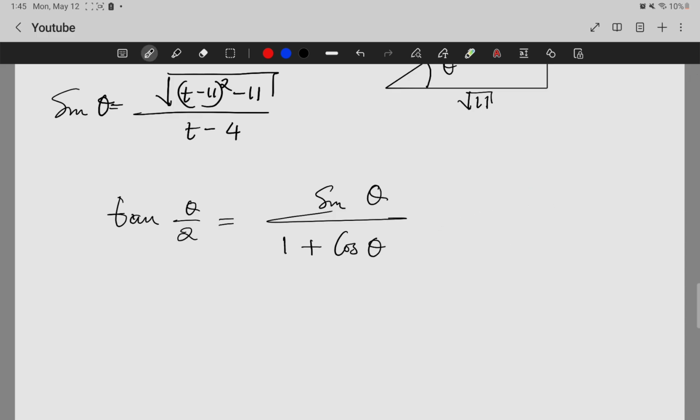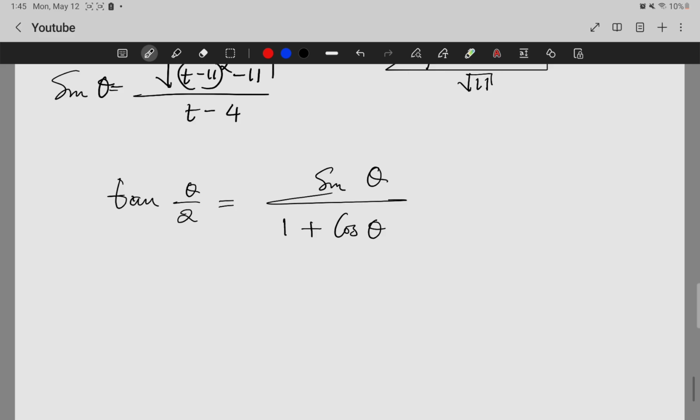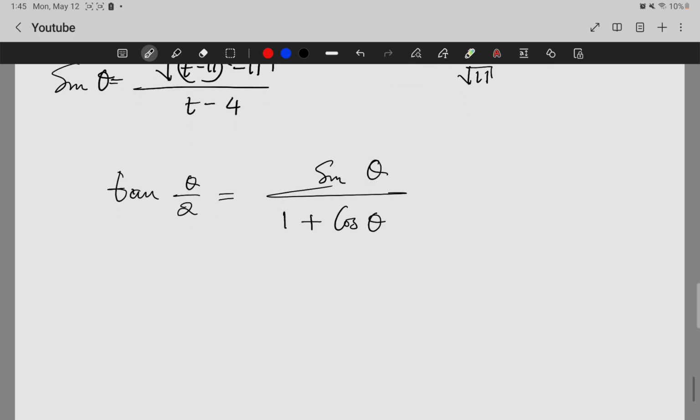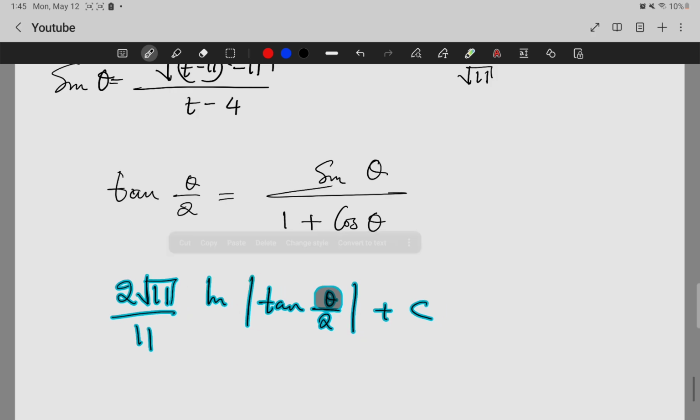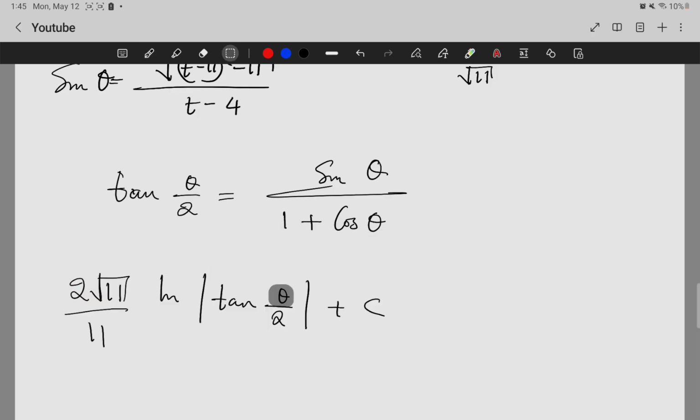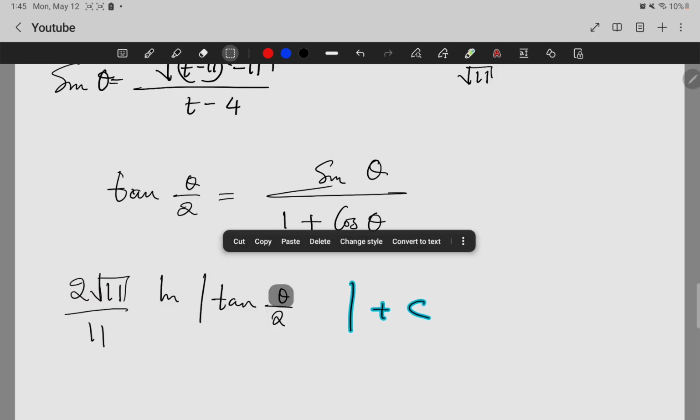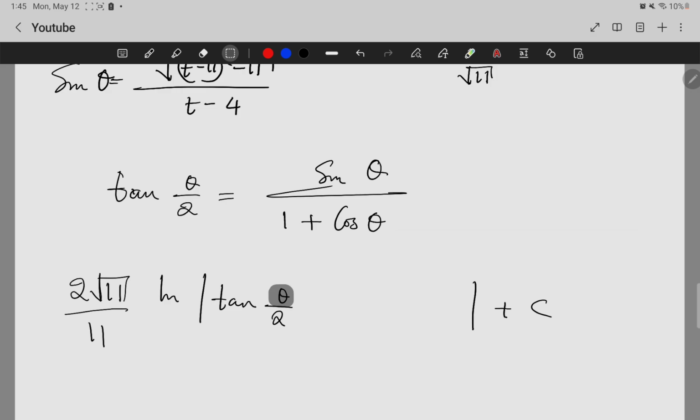So if I'm going with this one, all I need is where there's sine, I'll put what sine is. So in this case, where I have tan theta over 2, I am now using sine theta over 1 plus cos theta.